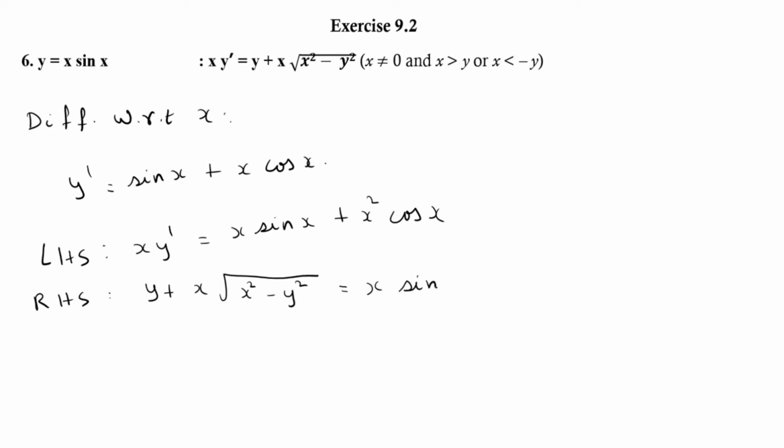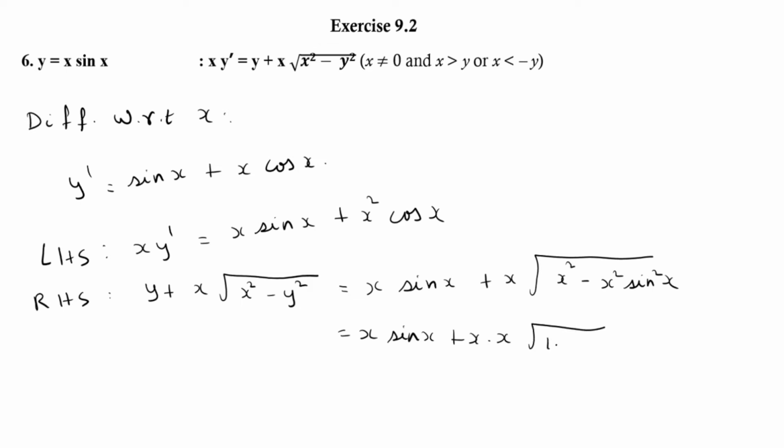So y is x sin x plus x into root of x square minus x square sin square x. This is equal to x sin x plus x into, taking x square outside the root, x root of 1 minus sin square x. So this is equal to x sin x plus x square root of 1 minus sin square x, which is nothing but cos x. So this is equal to the left hand side. Therefore y is equal to x sin x is a solution.